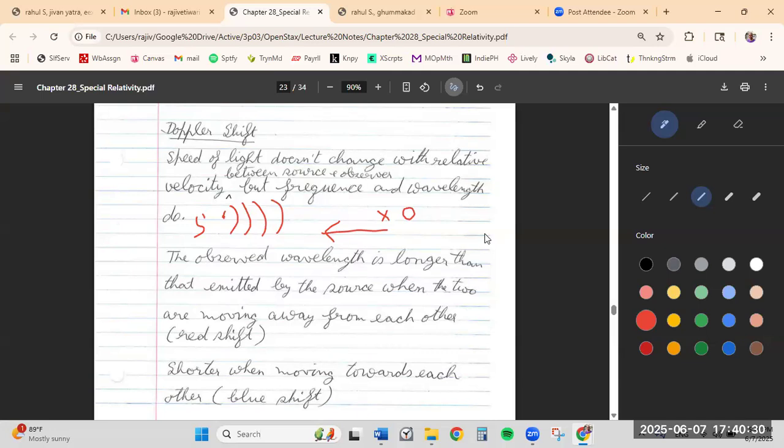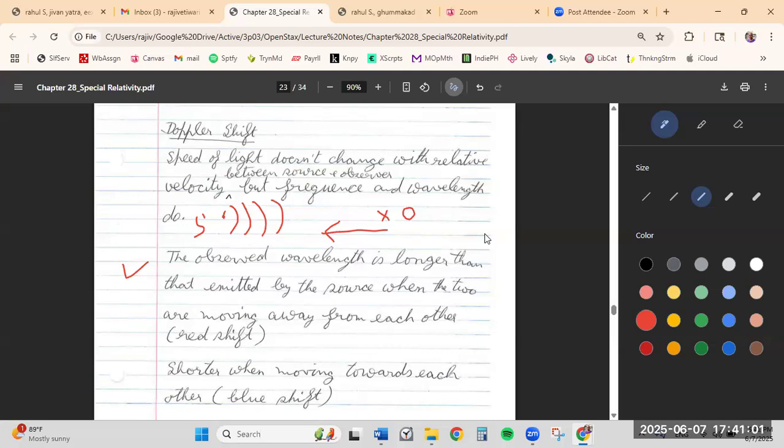So the two situations to think about: the observed wavelength is longer than that emitted by the source when the two are moving away from each other. In the first case, when the observer was moving away from the source, the wavelength appeared to be larger, or the frequency appeared to be smaller.